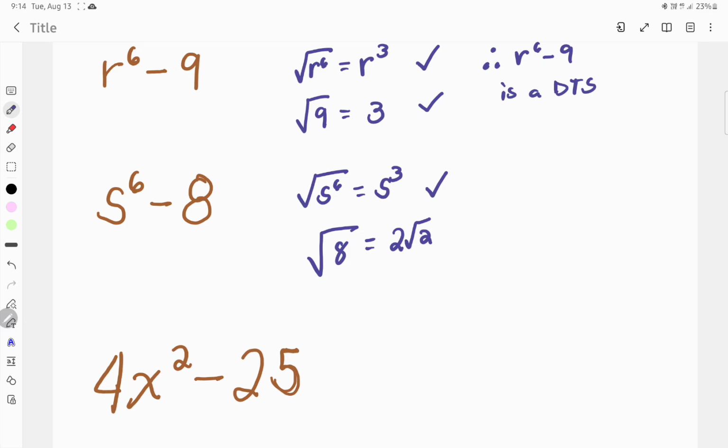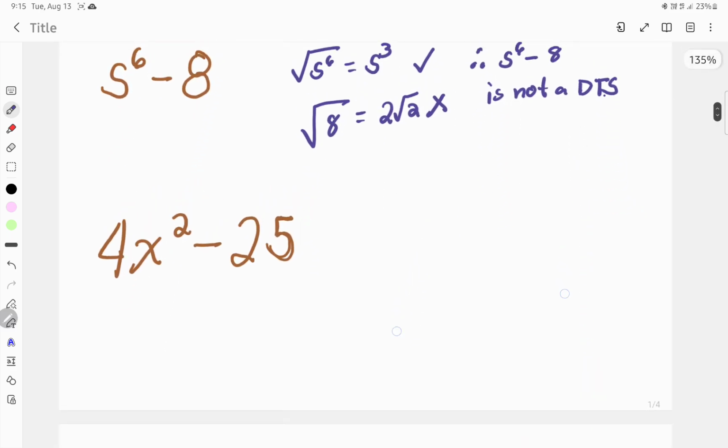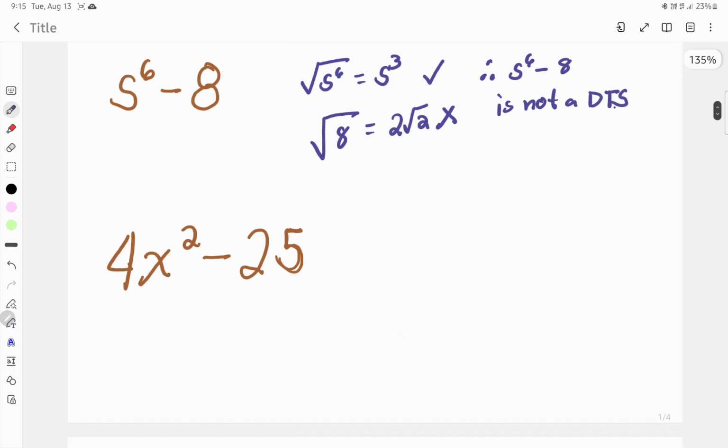This might be your lesson in grade 9 or in radicals. However, it's not a perfect square because there's still a radical. So we could say that s to the 6 minus 8 is not a difference of two squares, or DTS as an abbreviation.